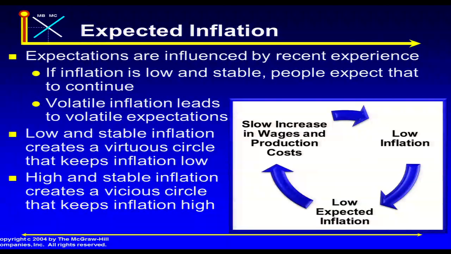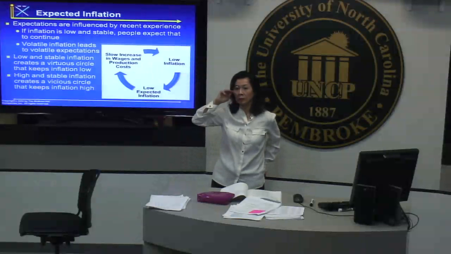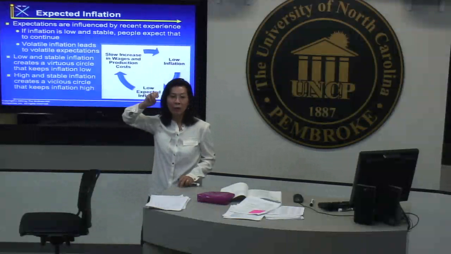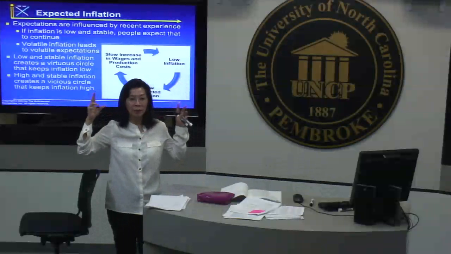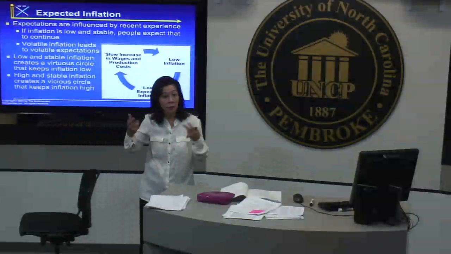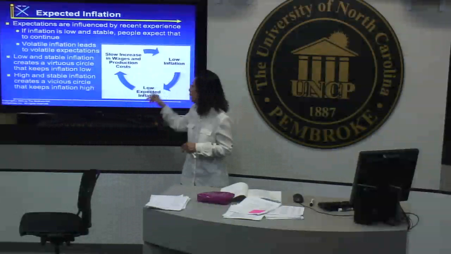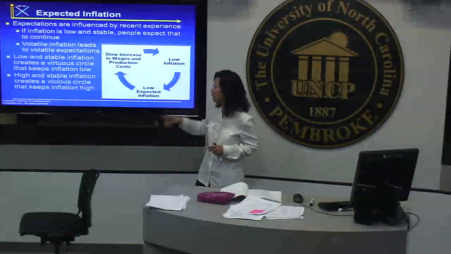How about higher wages? And the boss says no. I say, why not? Because right now is a time of low inflation. Because you're negotiating at a time of low inflation, the expectation about future inflation is going to be low. So you have low expected inflation.